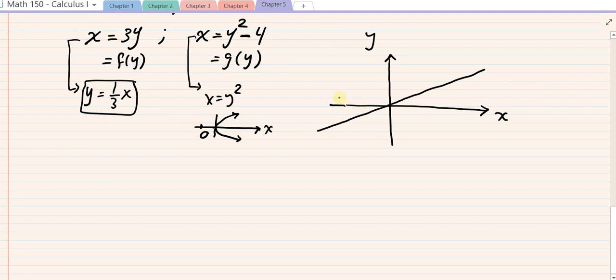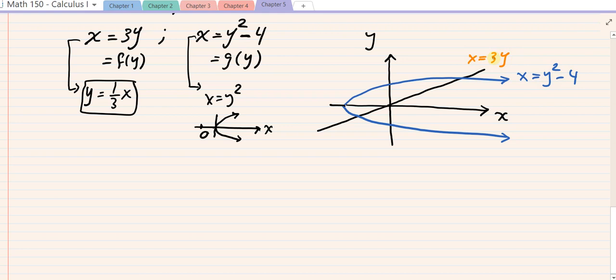So when I do, it's going to look something like so. This is going to be x equals y squared minus 4. So we have the line, x equals 3y, and we have the parabola drawn, and this is negative 4.